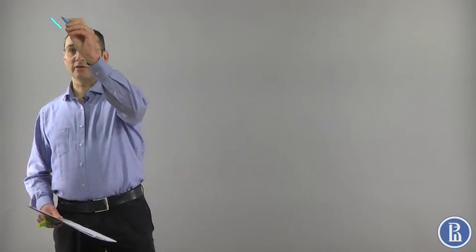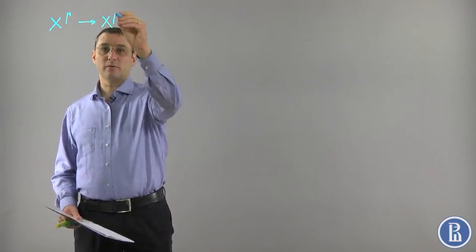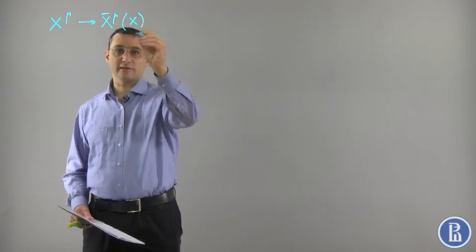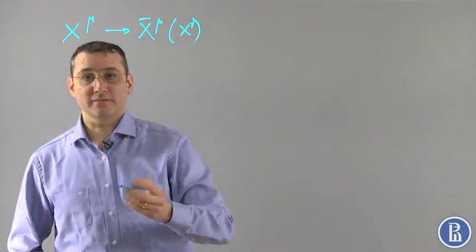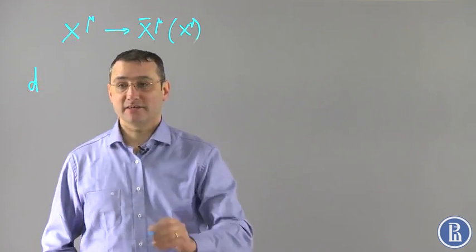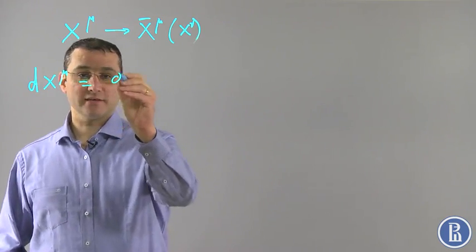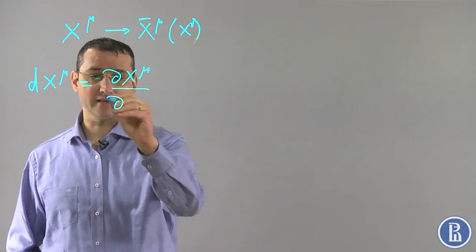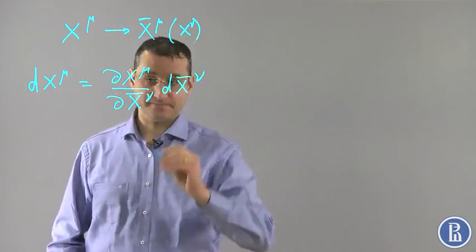Let me just remind you that if I have a coordinate transformation, x mu going to x bar mu, which is a function of the original x, then the coordinates themselves transform tautologically. Tautologically means that dx mu is equal to dx mu over dx bar nu, times dx bar nu.